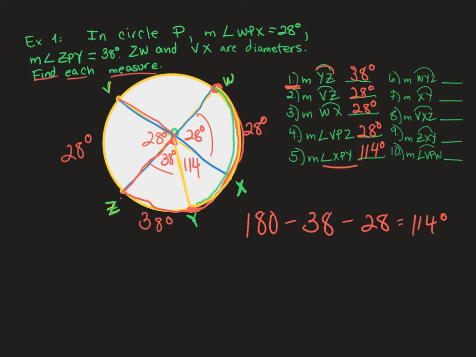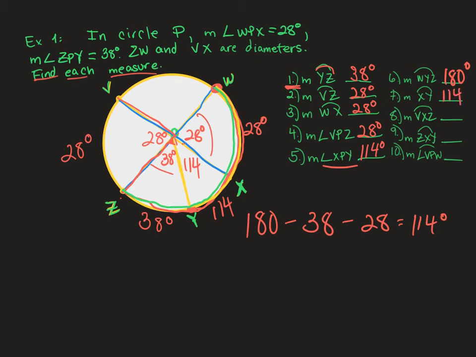W, Y, and Z. We already know that that's the diameter, and it's going to give us 180 degrees. Measure of arc XY is going to be here. That's going to be 114 by the central angle measures.